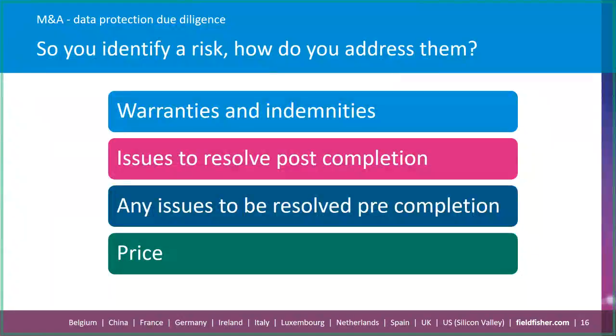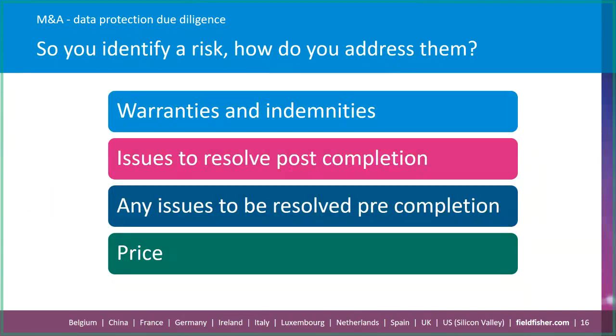There may, in some scenarios, be items to be resolved pre-completion, and that is a matter of reviewing what risks you identified, working out how severe they are, and whether they actually undermine the transaction at all, or would make it worthless. So, for example, if you had a data-rich direct marketing company, and that organisation had very little to show of its compliance efforts or consent from the individuals, the actual purchase may be valueless.